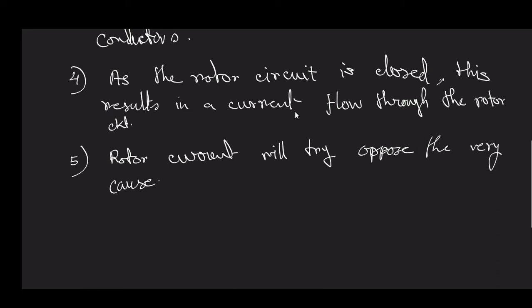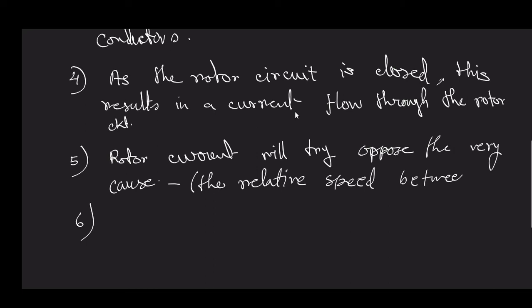And what is the variation? The relative speed between the rotor bars or rotor conductors and the rotating magnetic field.